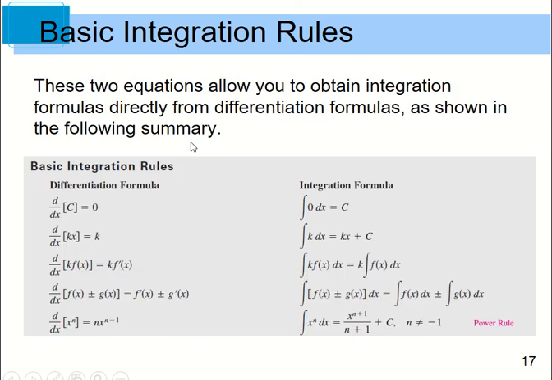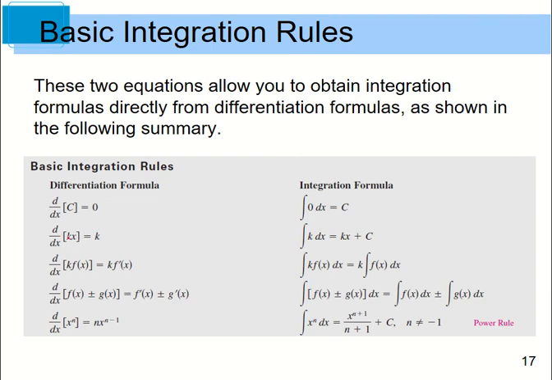Now, when we integrate a function, these are the basic integration rules. First, if we differentiate a constant, a number, we get 0. So integrating 0, or integrating nothing, will give us a constant. Now if we differentiate kx, we get k.